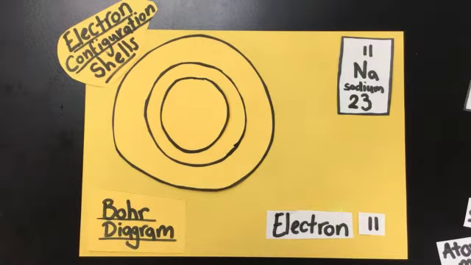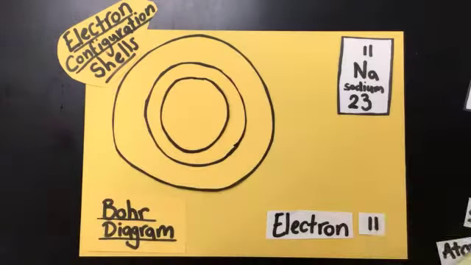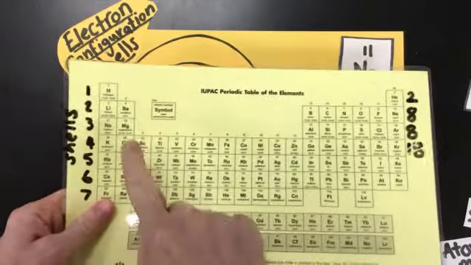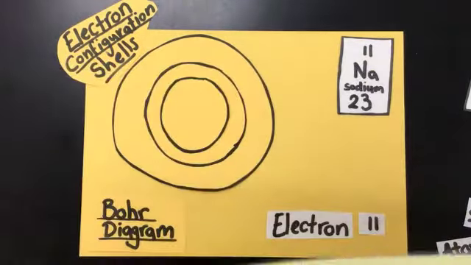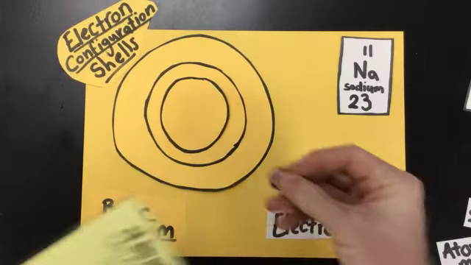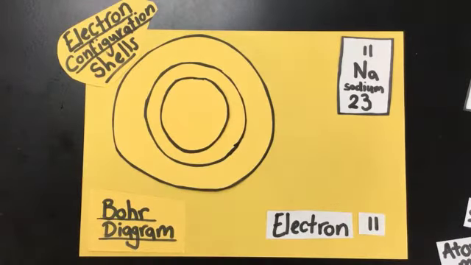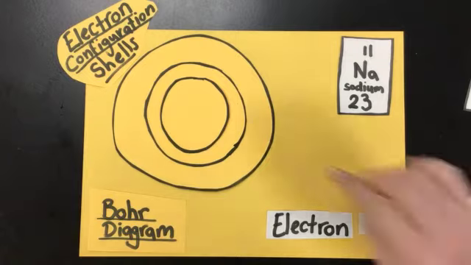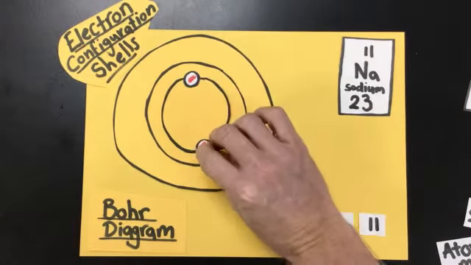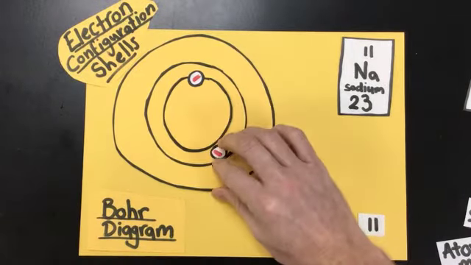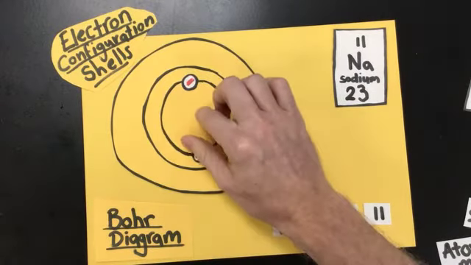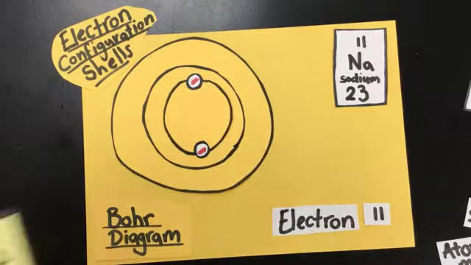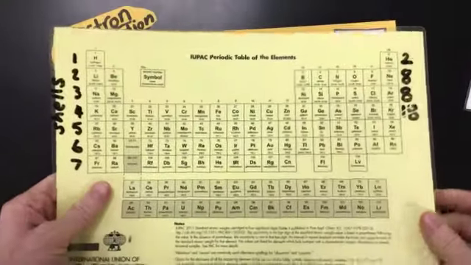How many electrons would we need for our first shell? Well, let's look at that once more. 1, 2. We can only put 2 electrons on that first shell. 1 and 2. How many would we need on that second shell?